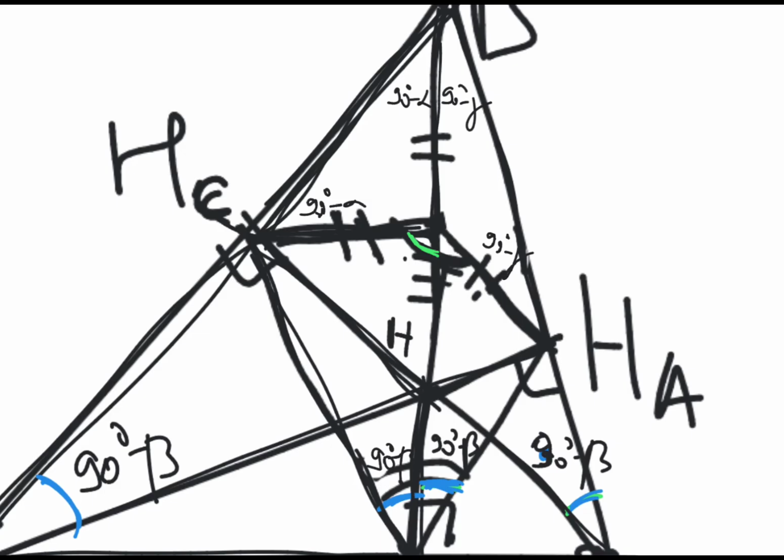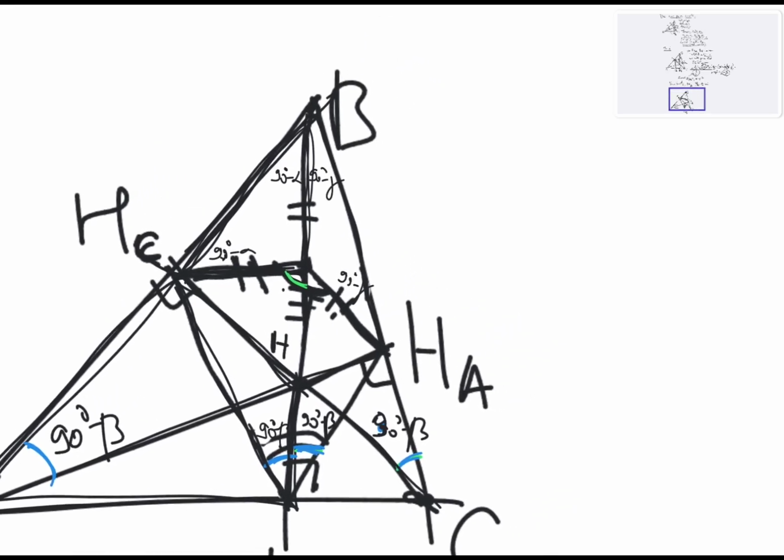And so now this angle is an external angle in this isosceles triangle, so it's equal to the sum of the two other angles. There is no place here, so I will write it separately.